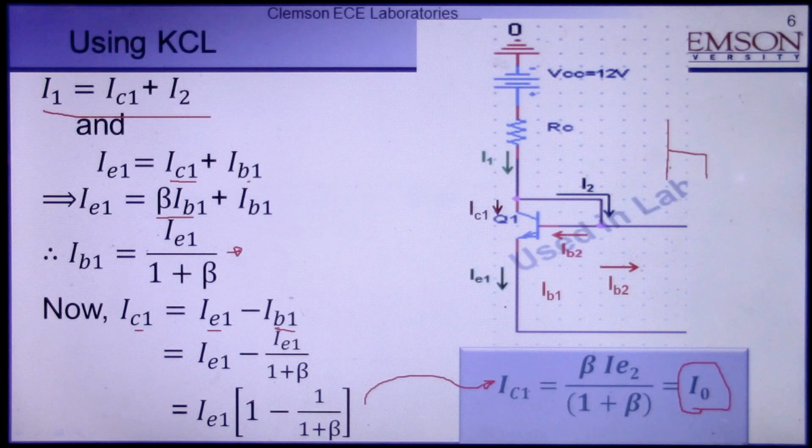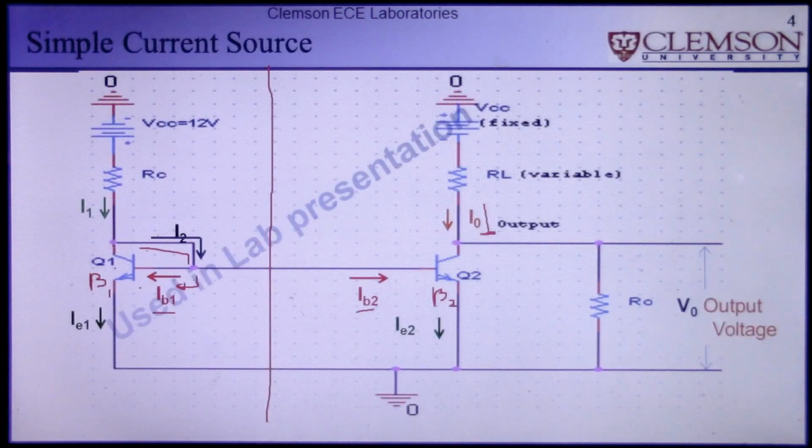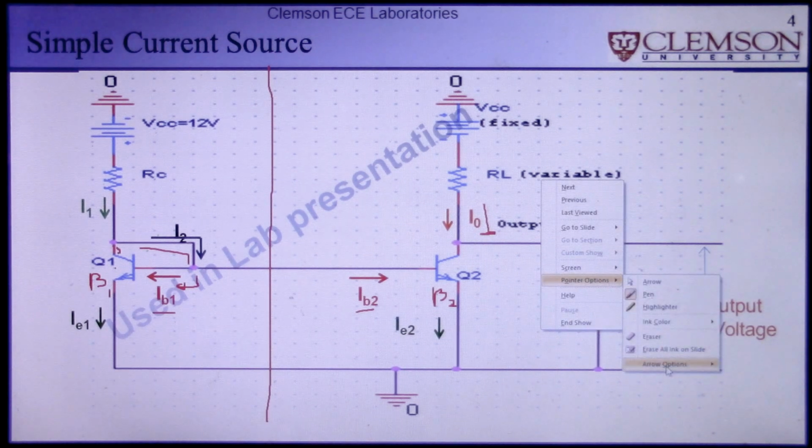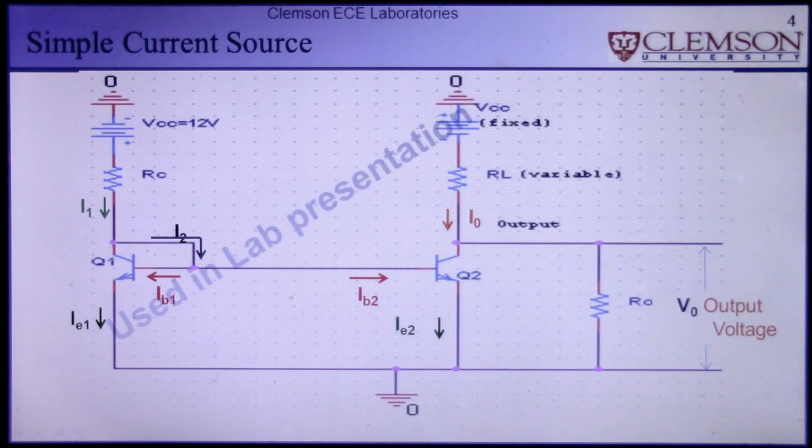What does that mean? Let's get back to the diagram. That means our IC1, which is here, okay, let me clear this thing. The current that flows here is the same as I output. So this I output is actually just a copy of this current.